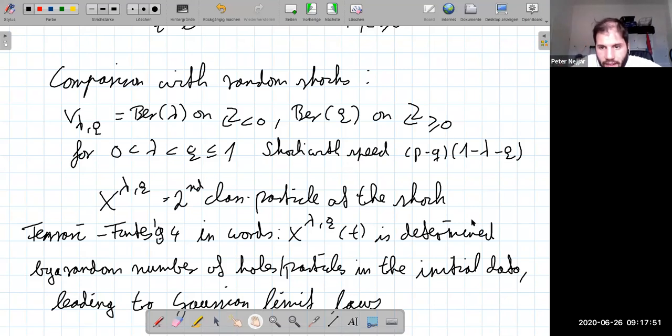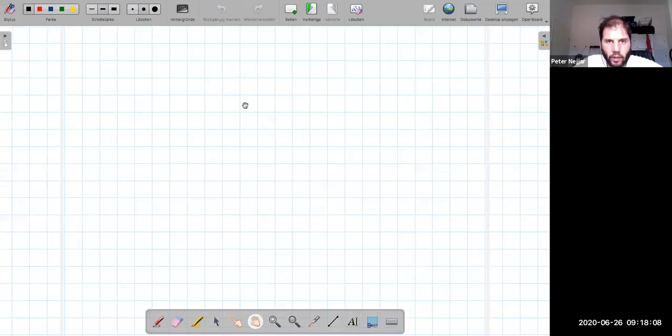Peter, a short question. You had nu0, nu1, just because they just touch. If the technique would hold, you would have nu lambda or nu 1 minus lambda. Yes, exactly. Let me write this down.